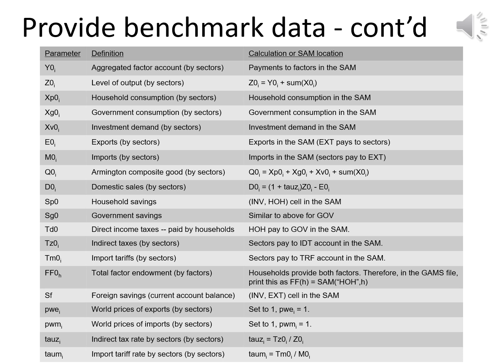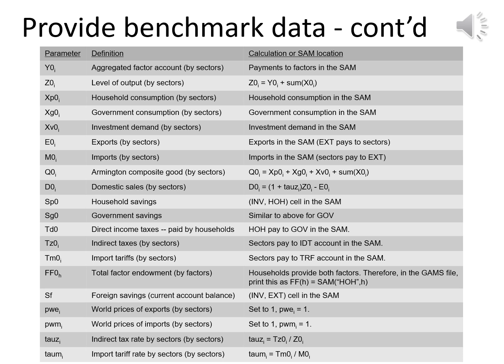in GAMS, because, for example, if you want to define y0, which is the aggregated factor account, then y0, in writing GAMS code for this, you have to write y0 in brackets I. You have to define it over the sector, over the set subset I. Okay, is equal to SAM brackets and the relevant location in the table which you named SAM.